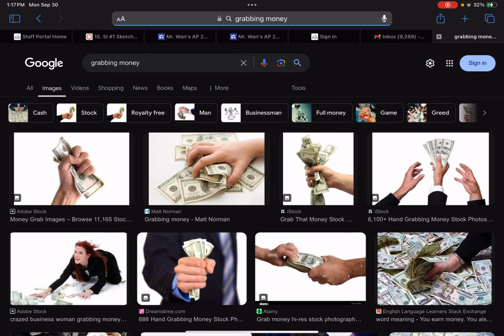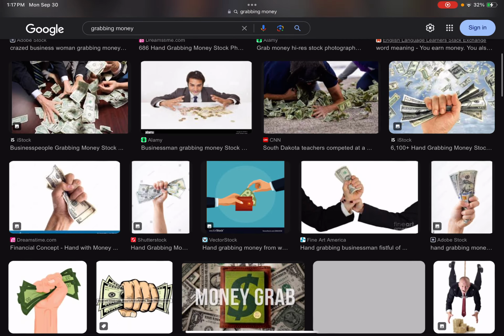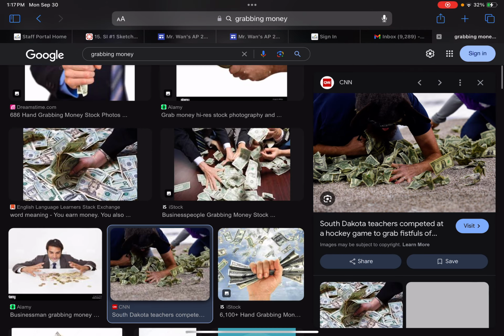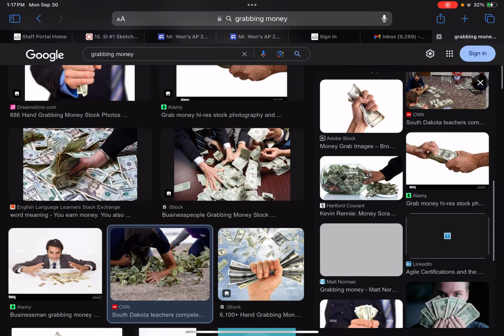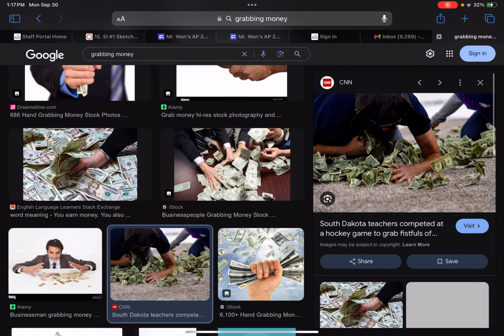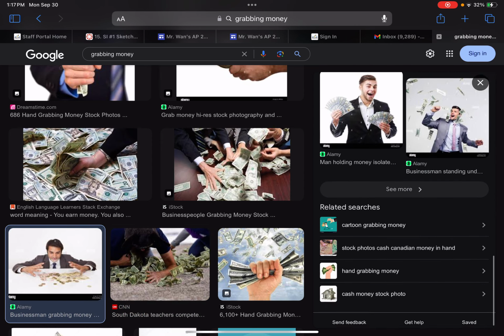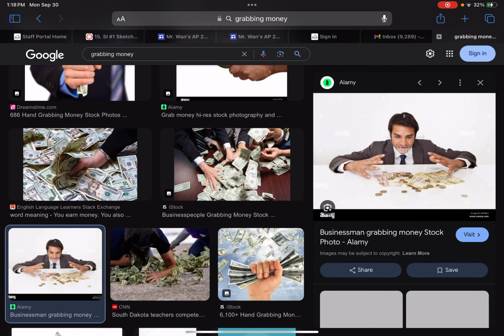So this is kind of what we'll end up doing in class though, taking our own picture of how things could look. So I kind of want to do something similar to this. And the nice thing about doing your own reference photo is it's easier to take the picture of what you want and how you want it to look. So I kind of want him to grab the money more, but I can use this idea maybe.